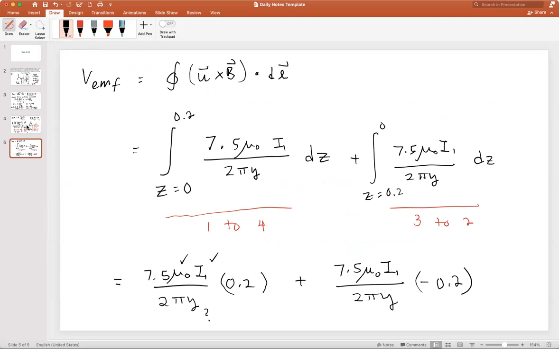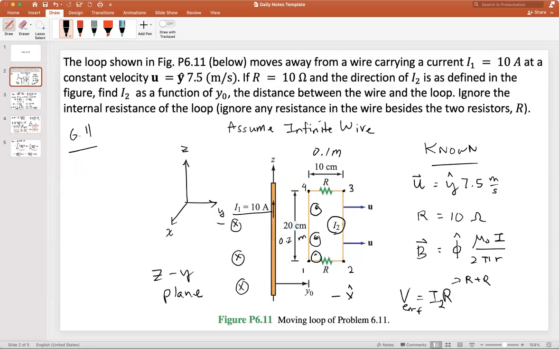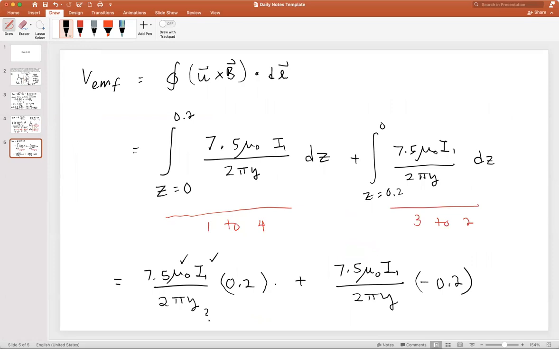On the loop, if we go back to here, we are told that this edge of the loop is at y naught, which must mean that this edge of the loop is all the way out to y naught plus 0.1 meters. So we've gone all the way out to 0.1 meters.